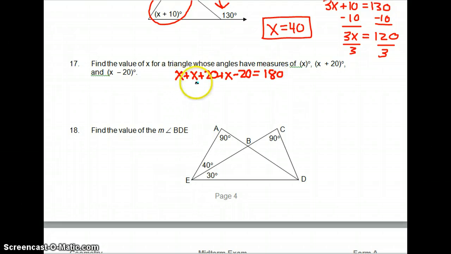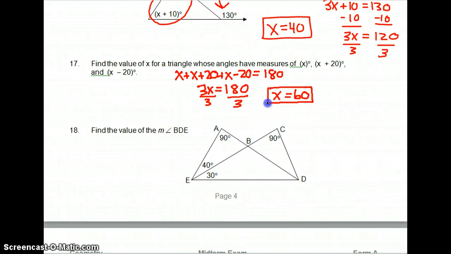Combine like terms, x plus x plus x is 3x. 20 minus 20 is 0, so 3x equals 180. Divide by 3, x equals 60. And that's what we had to find.